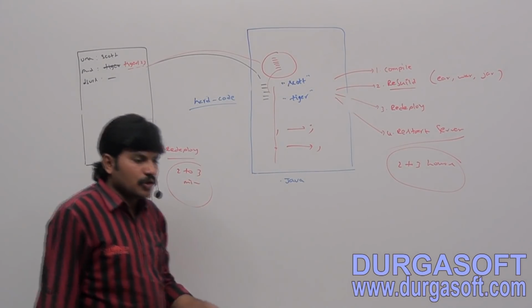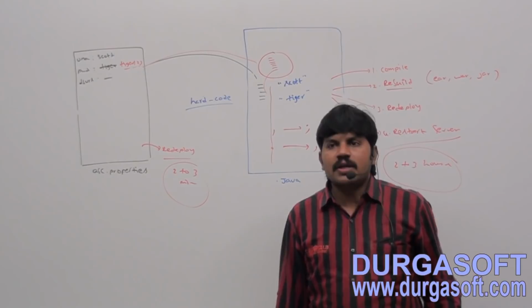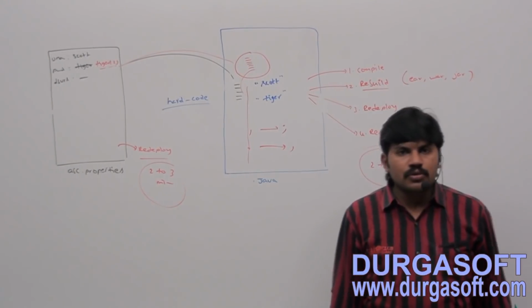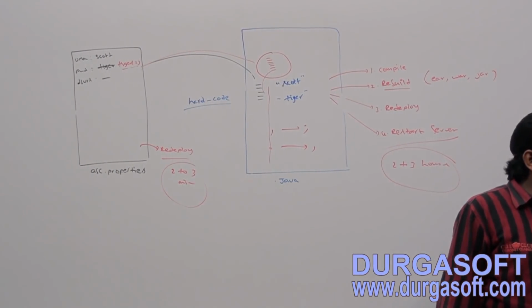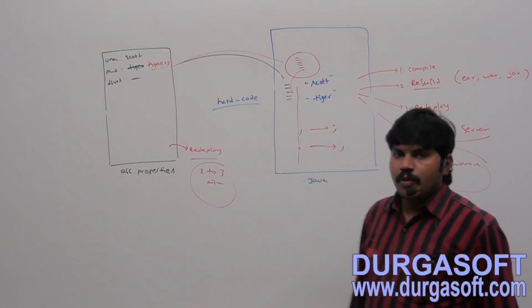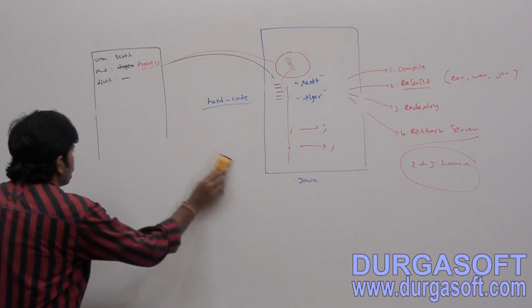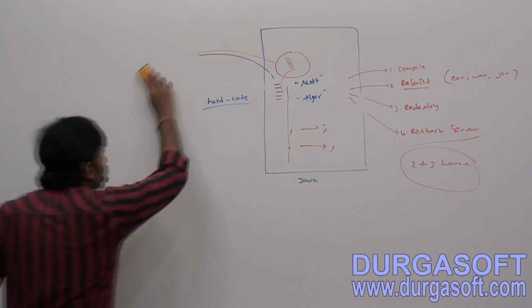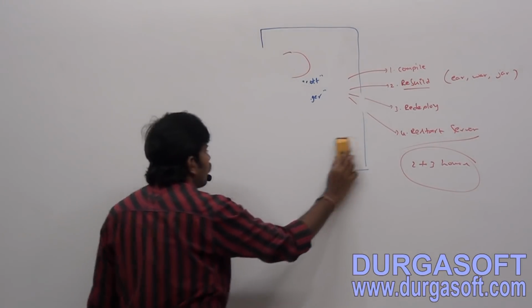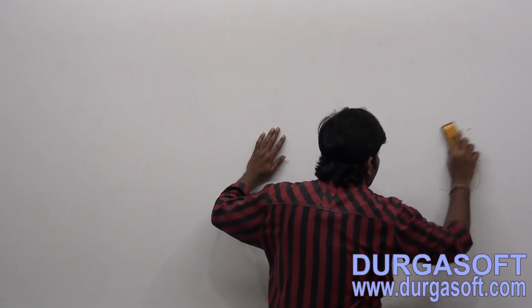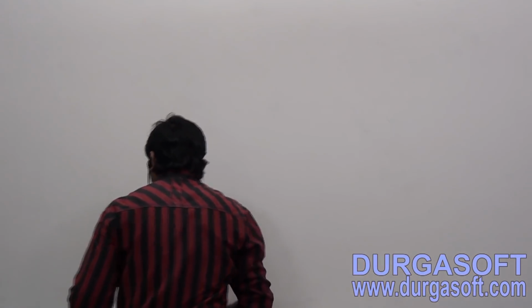Add the next para: we can use a Java properties object to hold properties which are coming from the properties file.